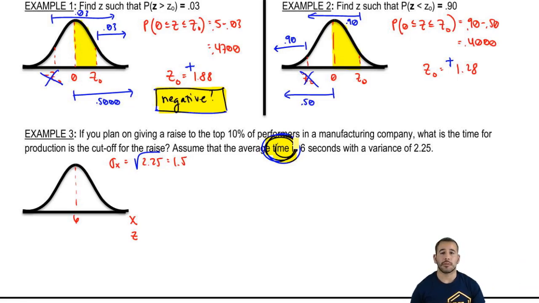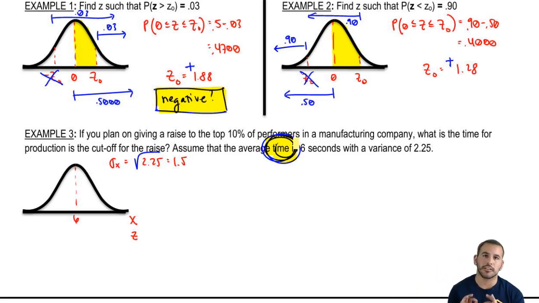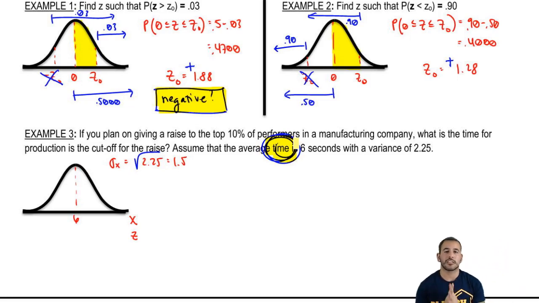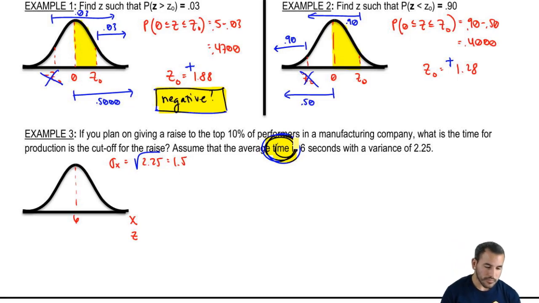But if I was talking about a product rotting, you want a product to rot in the most amount of time as opposed to the least, because you want it to last on the shelves as long as possible. So again, time is a very particular type of question. For these, just be very careful when you're talking about top and bottom and things like that.